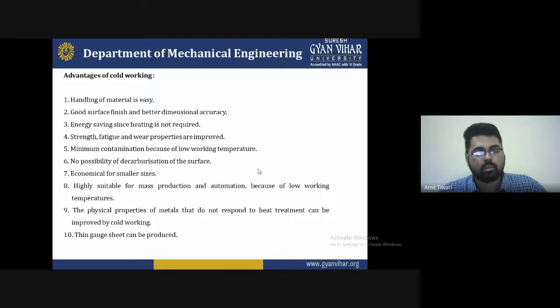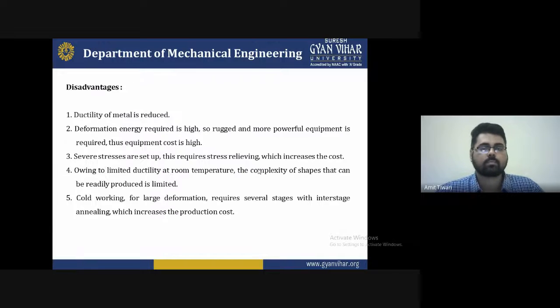These are some advantages of cold working processes. These advantages are produced by mechanical energy, or mechanical efficiency. We will improve each and every property we discuss by cold working processes.